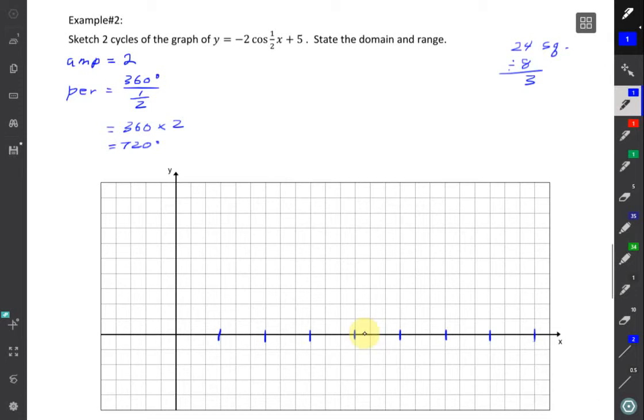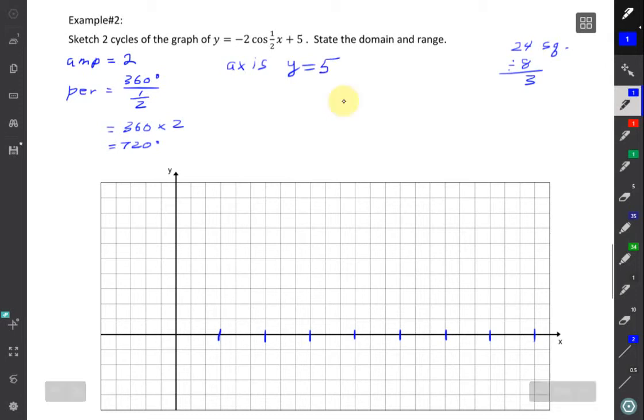And then the amplitude of this is 2. So we have lots of space here. We want to go above by 2 and down by 2, but we need to know our axis. So the axis is y equals, it comes from the c value, that's 5.